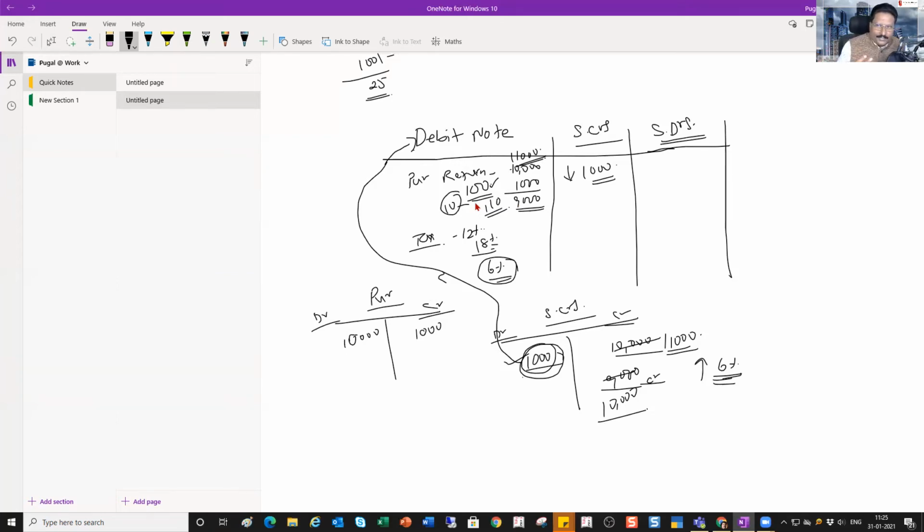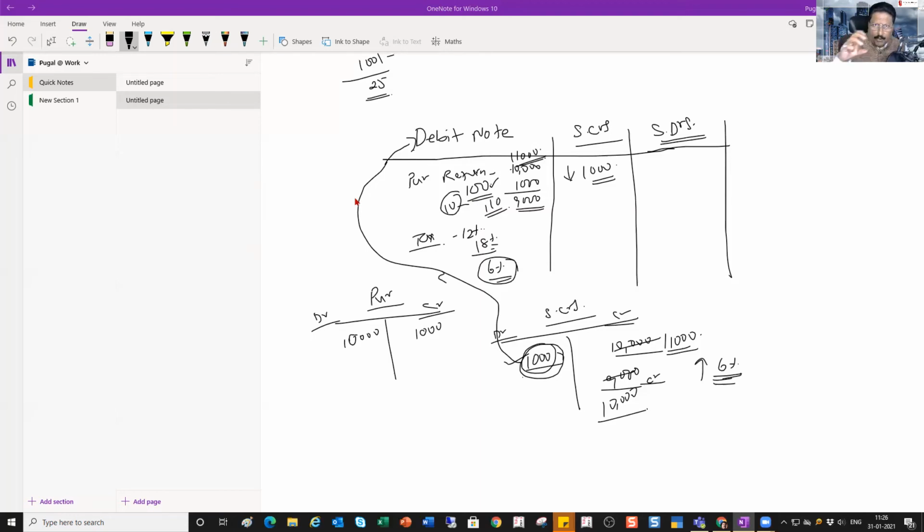So three use case scenarios. Broadly, purchase return is where you are going to make a debit note in your organization, which impacts the supplier ledger. If there is excess charge, whatever may be the use case scenario, a debit note in your supplier ledger is going to reduce their outstanding.